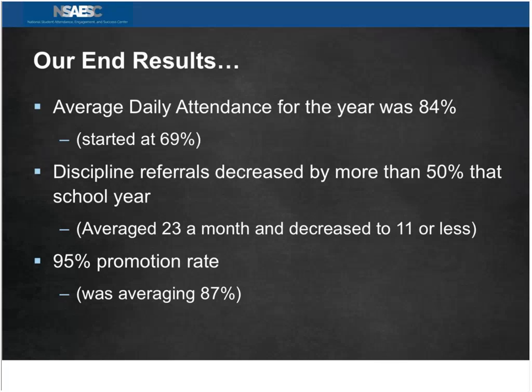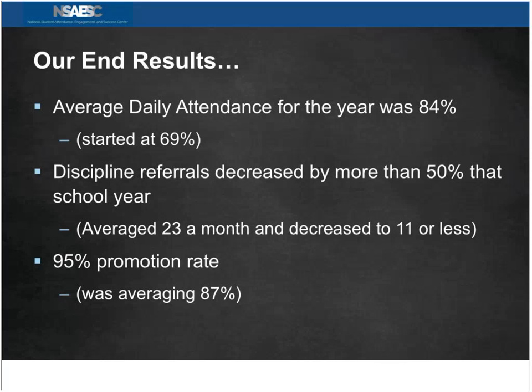Average daily attendance at one school for the year went up to 84%, where it started at 69%. And the staff there felt like having the quarterly intervention reviews helped them to address the attendance interventions and sometimes beef them up or modify them to get the results that they were able to achieve.